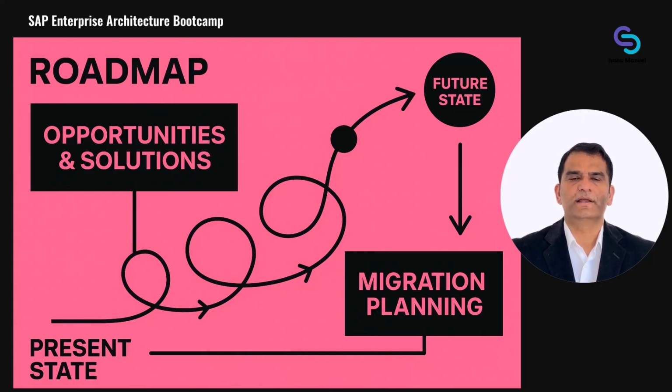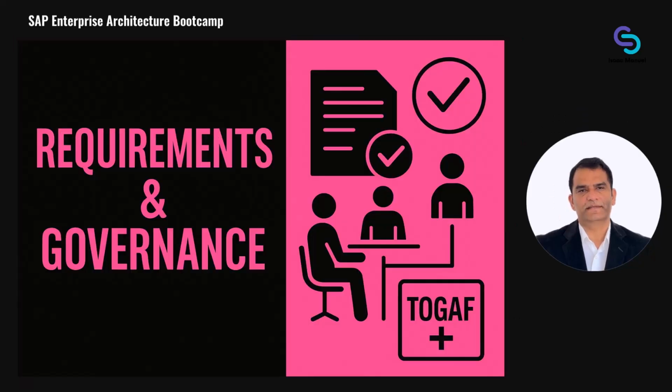In SAP-led architectures, you'd ensure that dependencies like "we must implement SAP S/4HANA before we can leverage embedded analytics" are clearly noted. The roadmap phase is where EA meets project planning, ensuring that the grand architecture vision is translated into actionable steps. Next is requirements and governance.